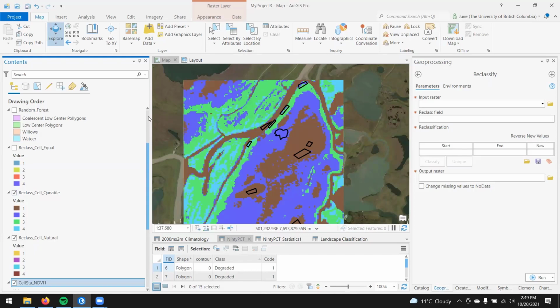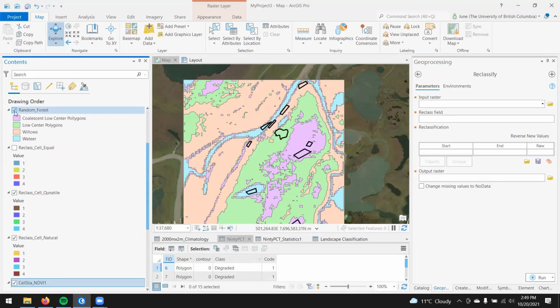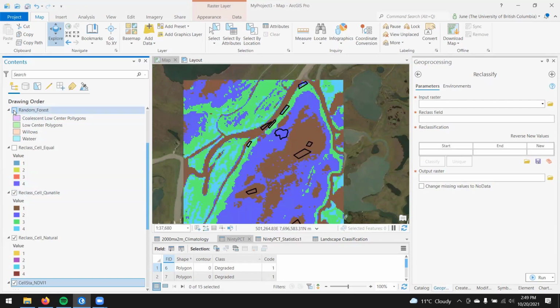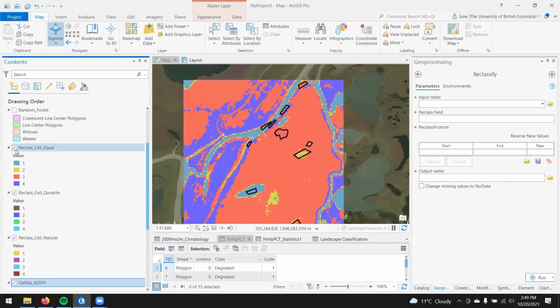It does distinguish between the greener vegetation, the polygons, and the degraded landscape, but it groups all of the water areas in with that as well, right? Because this is looking at the total number of pixels within that image and making a classification call based on that. And then this is what happens when you try and use an equal interval method.